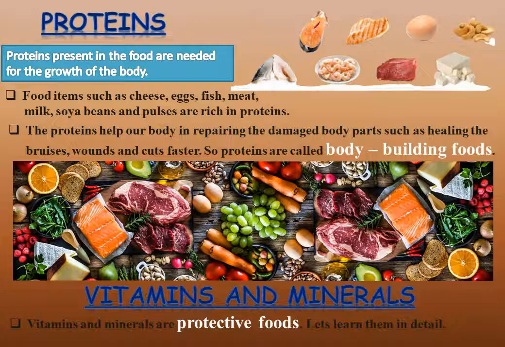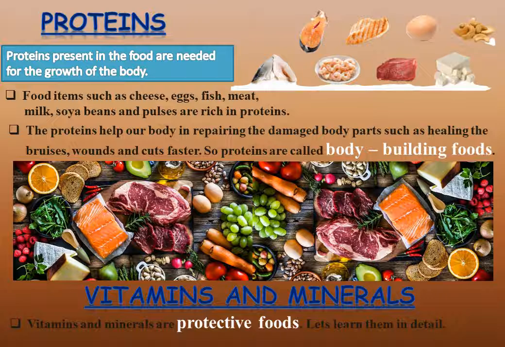So, the important thing is that protein is the main factor that helps our body to grow. Let's see which food items contain protein. Cheese, eggs, fish, meat, milk, soya beans, and pulses are the main food items rich in protein.